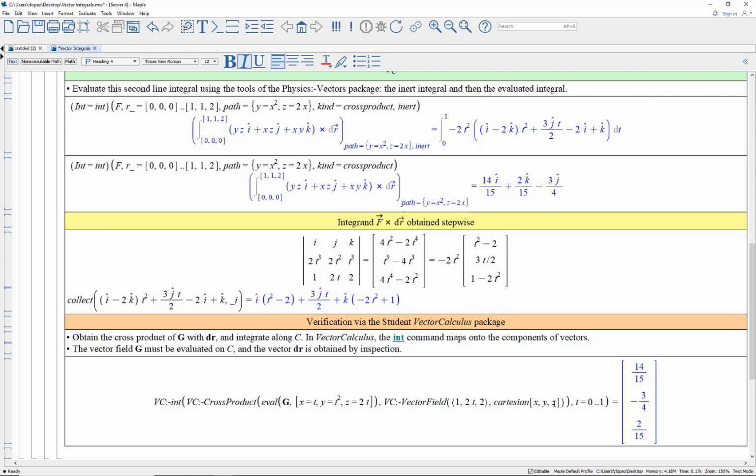That's this chunk. And then int automatically maps onto that resulting vector that's produced when you take the cross product of those 2 vectors. Integrate from 0 to 1, and you get 14 over 15, that's this component, minus 3/4, that's the j component, and 2/15, that's the k component.